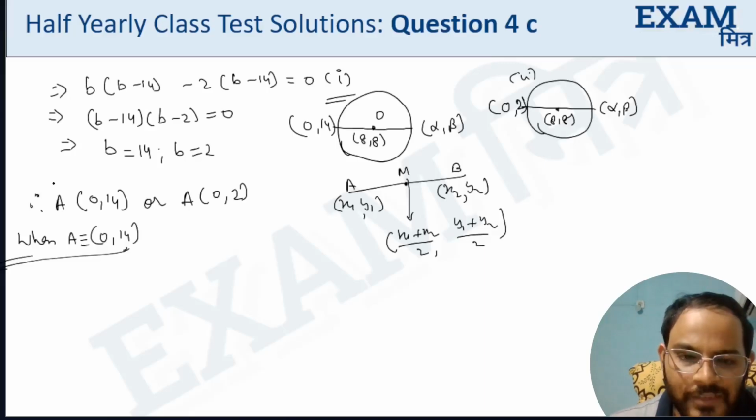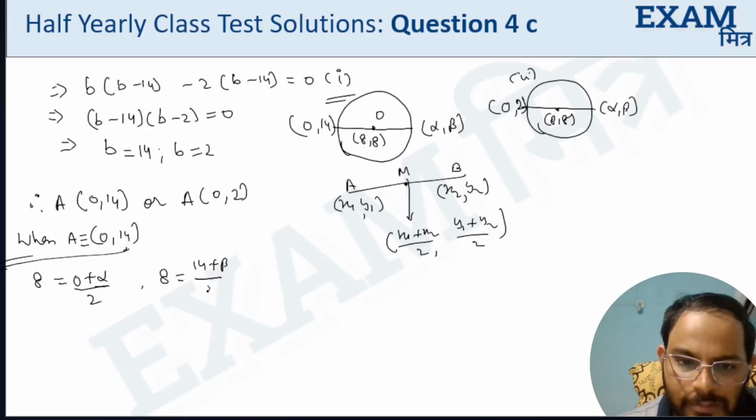So now see, when A is (0, 14), what will be the coordinates of the midpoint? 8 equals (0 + alpha)/2, and again the y-coordinate is also 8 here, so 8 equals (14 + beta)/2.